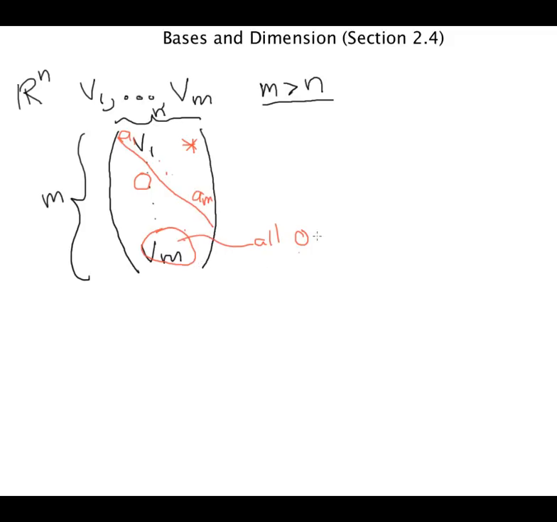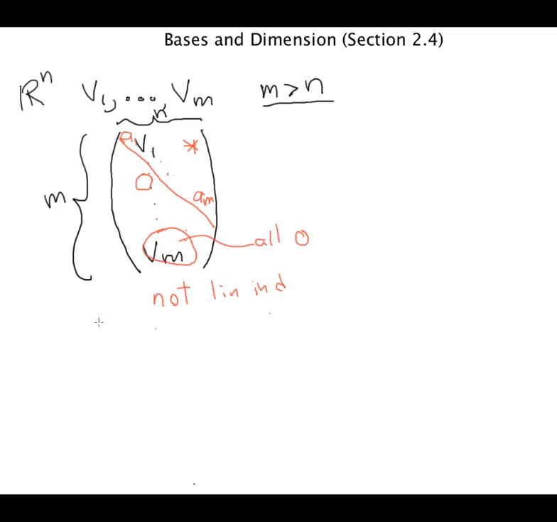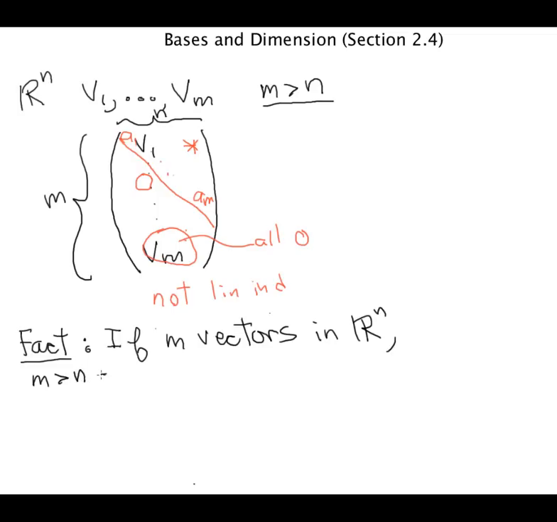And therefore, these vectors are definitely not linearly independent. So that's a basic fact: if you have m vectors in Rn, where m is bigger than n, then they are not linearly independent.